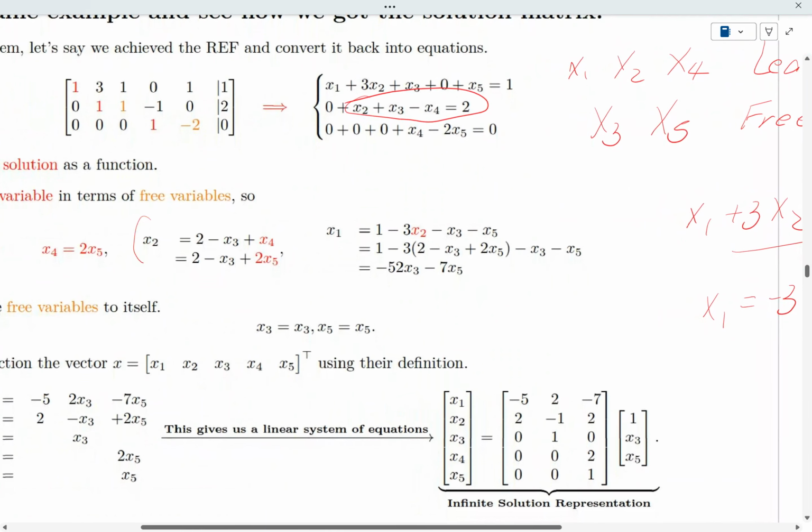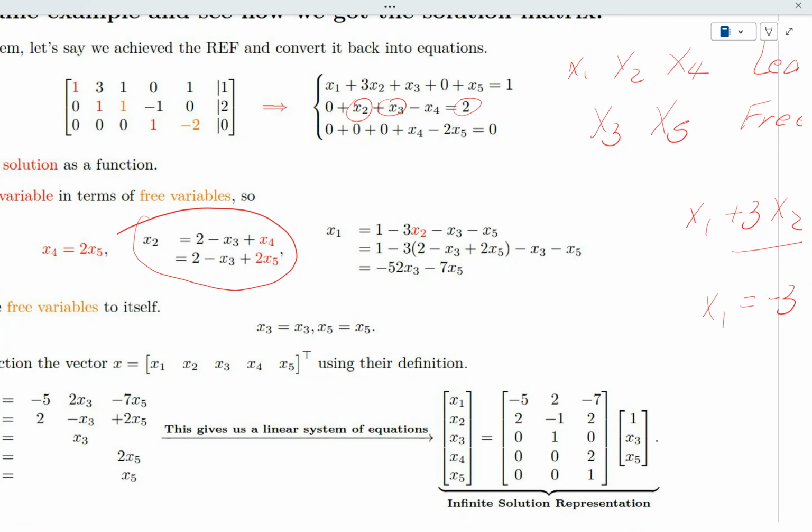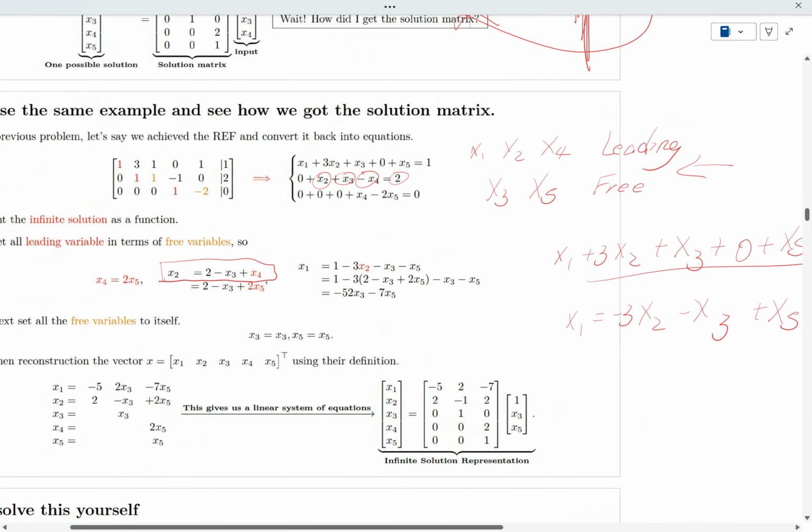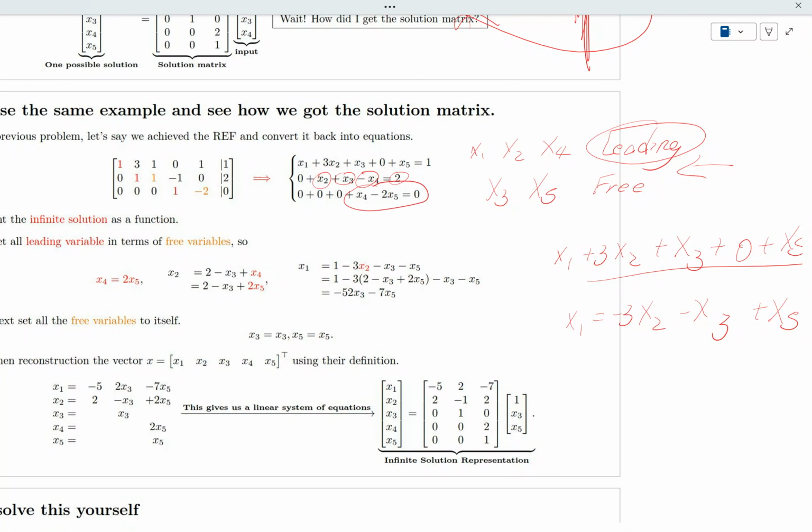So x2 is basically 2 and then minus x3 plus x4, right? So x2 is equal to this. So x2 is its own equation, but it's still using a leading variable, x4. Okay, so what is x4? x4 is pretty easy. x4 is equal to 2x5.